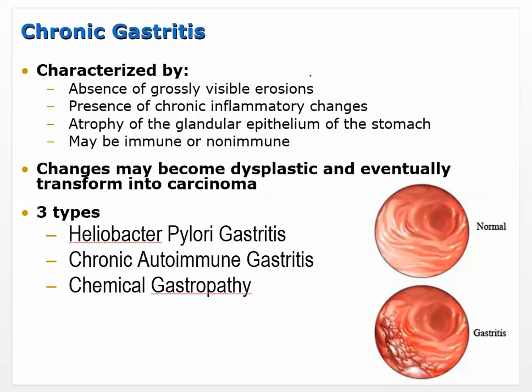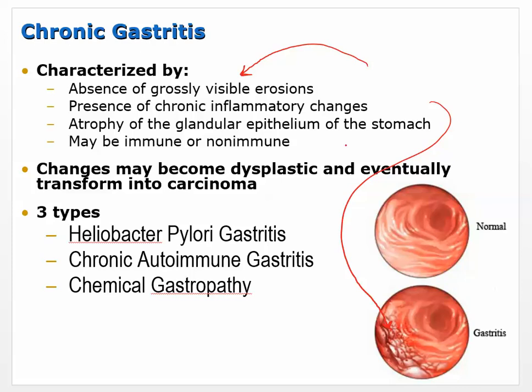So chronic gastritis, it's an inflammation, but it's characterized by the absence of really visible erosion. We can kind of see in this picture down here that there's inflammation taking place, but it's not really causing an ulcer or something. There isn't any ulceration or lesions taking place.